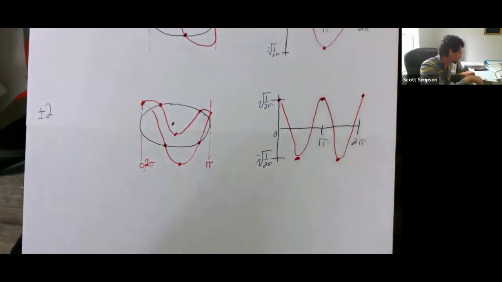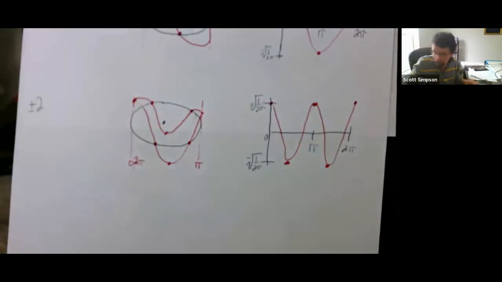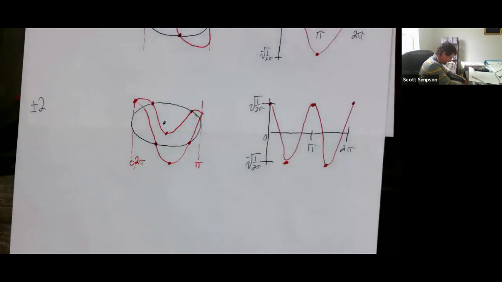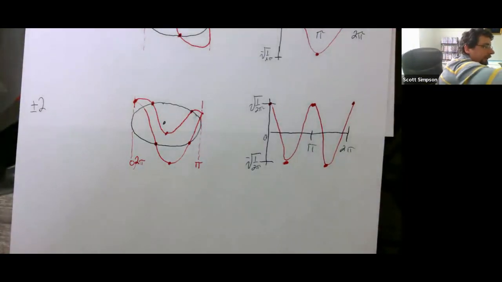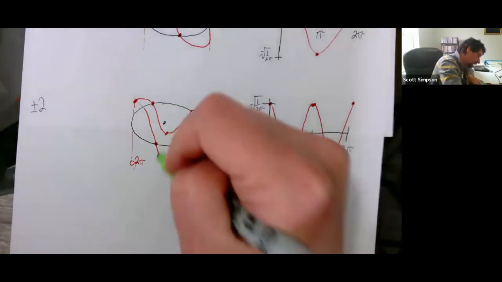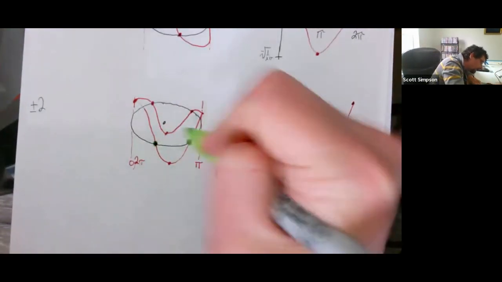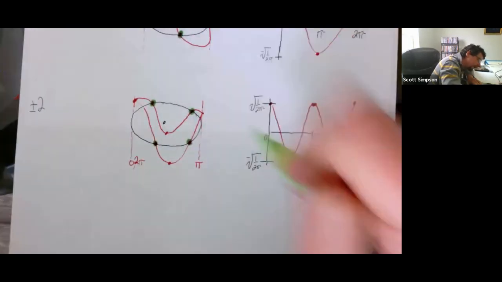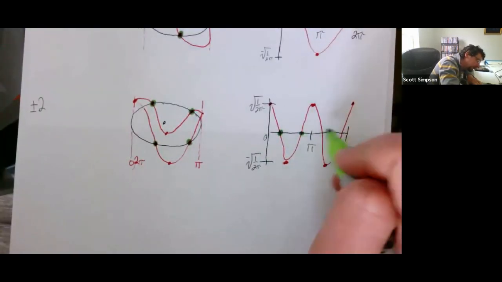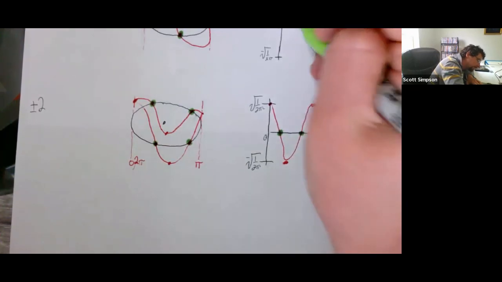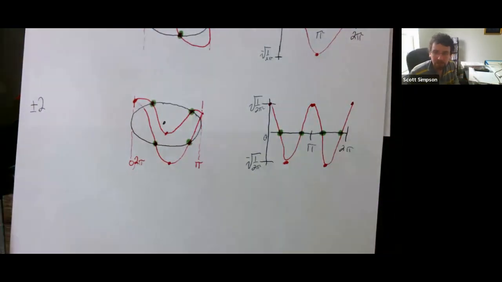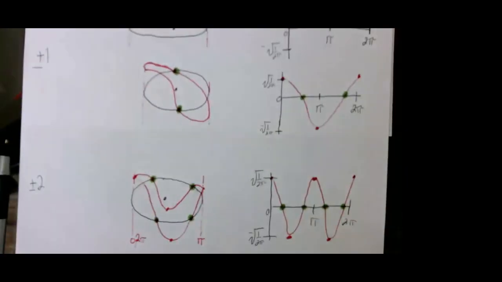We'll color those in lime green. And those are these points, right? What are those green points? Nodes. Yeah, they're nodes.